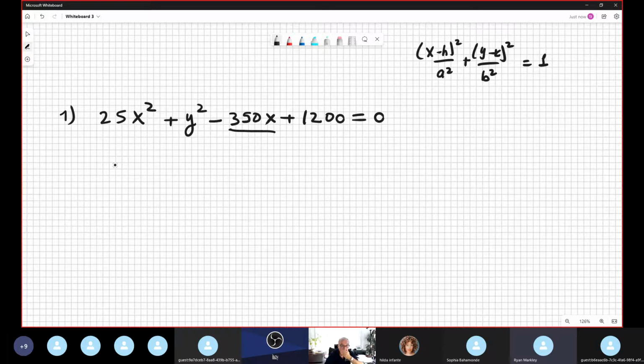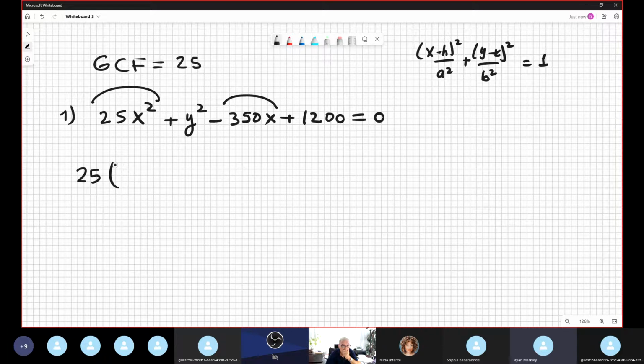Okay. Much better. Now you are completing the square. You group the x terms separately here. I try to do my best to find the greatest common factor. The greatest common factor between 25 and 350 is 25, because 350 is 25 times 14.